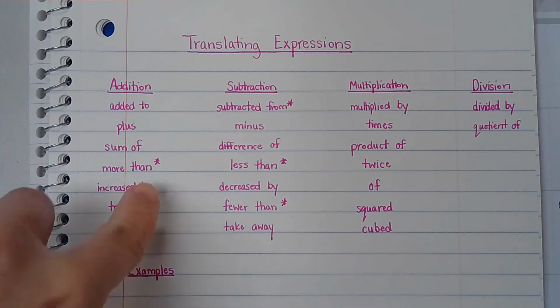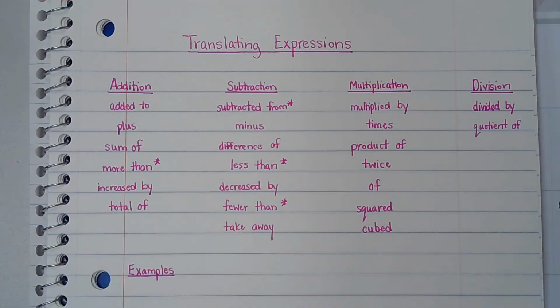But you're probably wondering why these stars are here. They're not there by accident, they're there on purpose, and they have a reason. The reason for those words, and why they're starred, is because when you have those words, you have to flip the order of how it appears in the sentence.